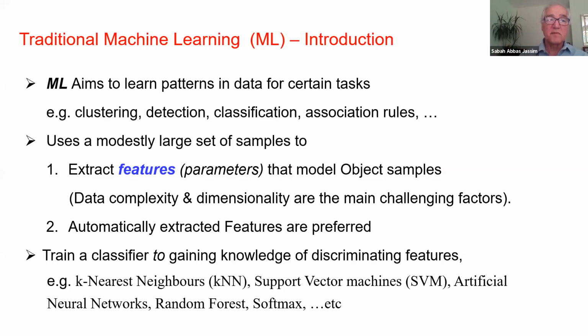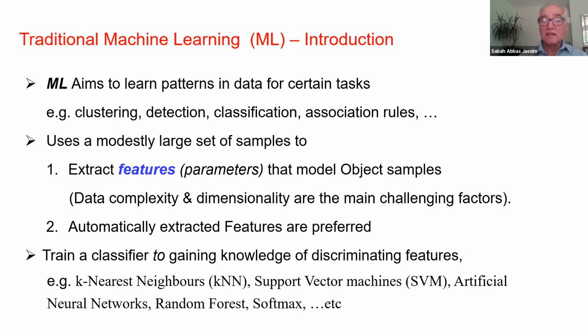Well, everybody knows by now that in machine learning you aim to learn patterns in data for certain tasks: clustering, detection, segmentation, classification, and so on. Usually you use a modestly large set of samples of images, let's say, and you extract features or parameters that model the objects you are interested in.